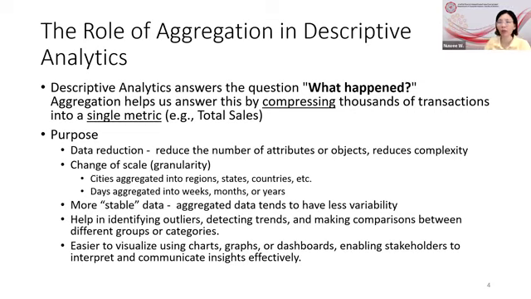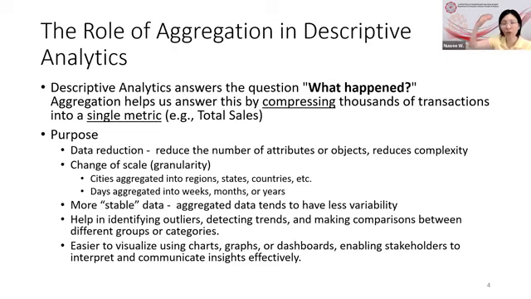So what is descriptive analytics? It is the analytics field that tries to answer the question of what happened. What happened is something that happened before, so we have the data of what happened before. To be able to understand that data, we need to compress it.